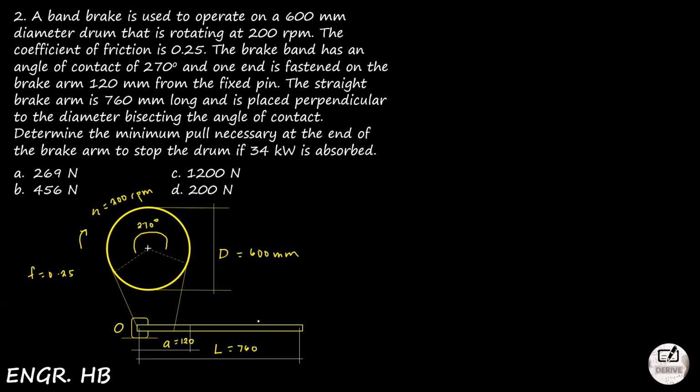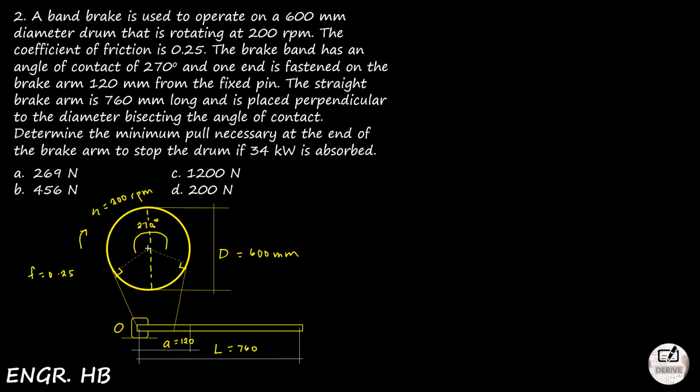And it is placed perpendicular to the diameter, bisecting the angle of contact. Meaning, this is it. Right angle they are there. And of course, to the diameter, bisecting the angle of contact. So this is your angle of contact, and I will create a line that bisects this angle. So that will be this line.